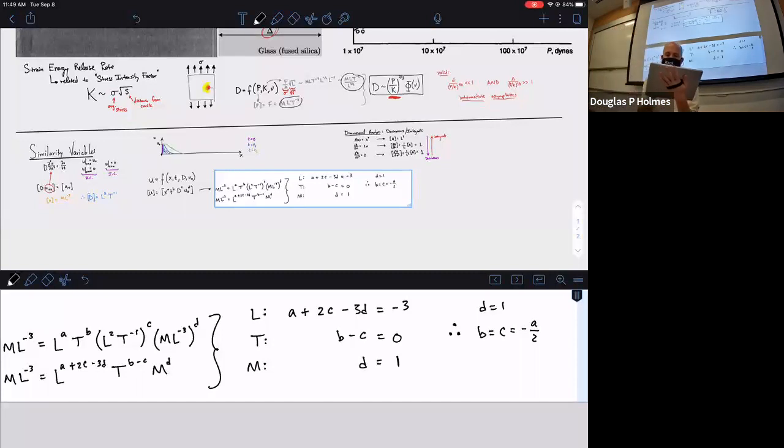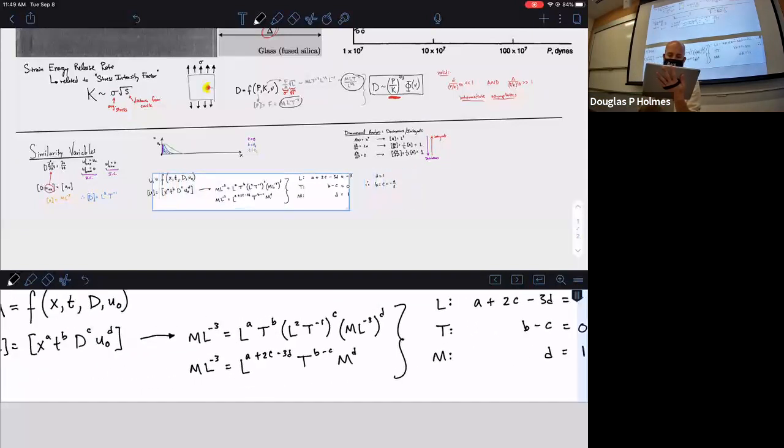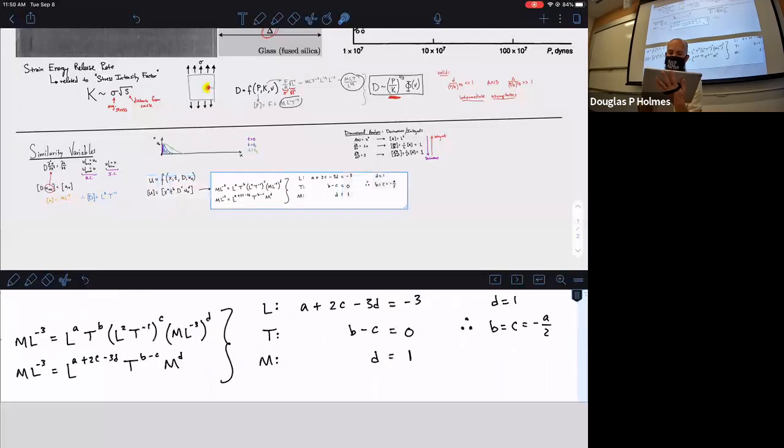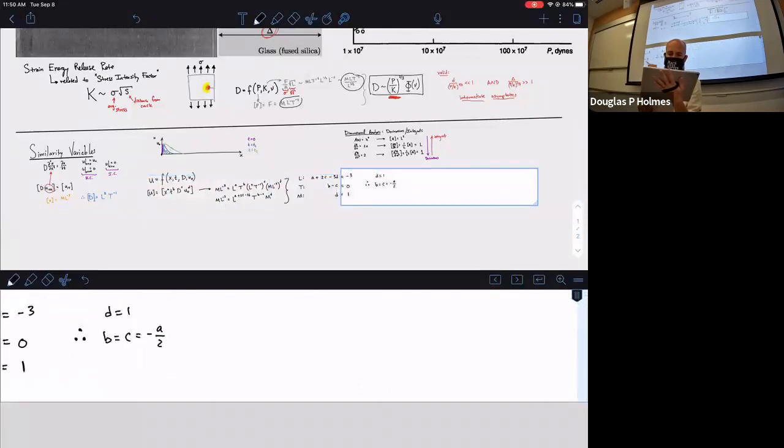Here's where it gets interesting. So now we can go back to here. And we can just put in, so D is equal to 1, C is equal to negative A over 2, B is equal to negative A over 2, and X is equal to A. So we can come over here and collect all these things.